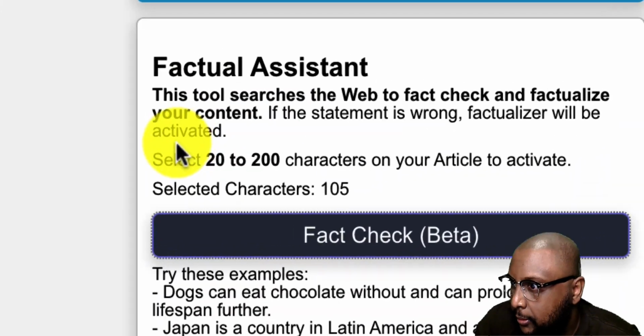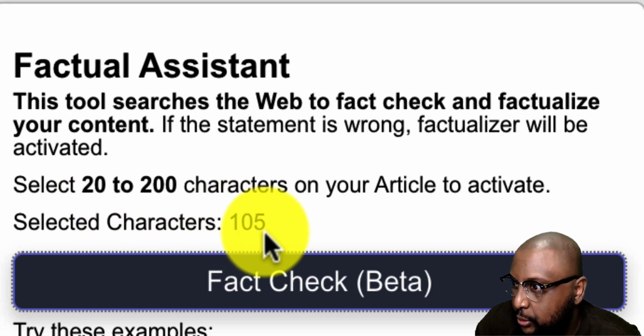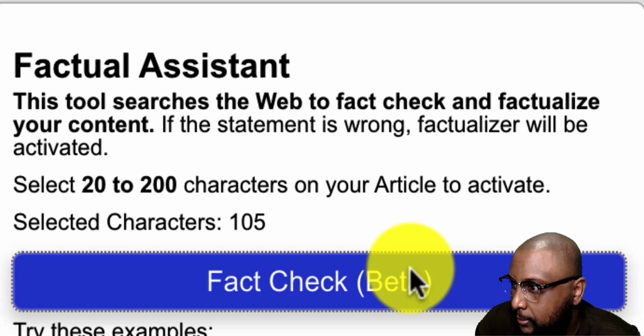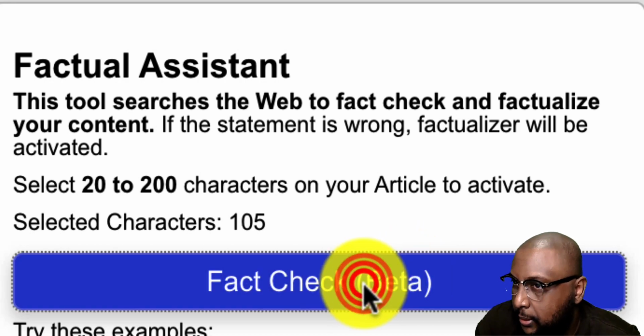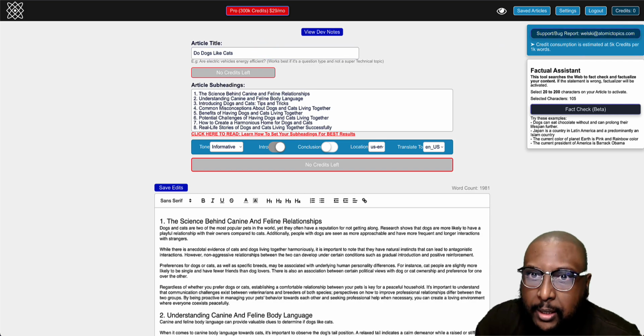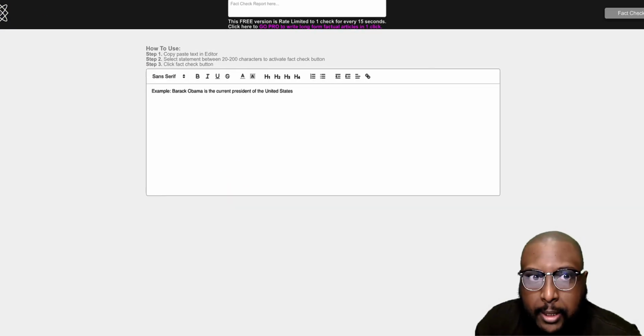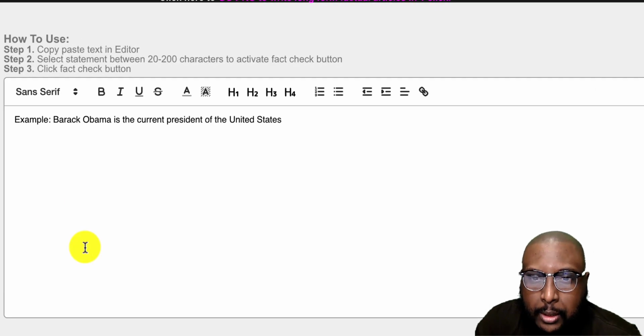It says select 20 to 200 characters. So I've selected 105, so it's within that requirement, but I'm not sure why that isn't happening there. But I have another one open, I believe. Okay. All right. Let's see what we could do on this page.